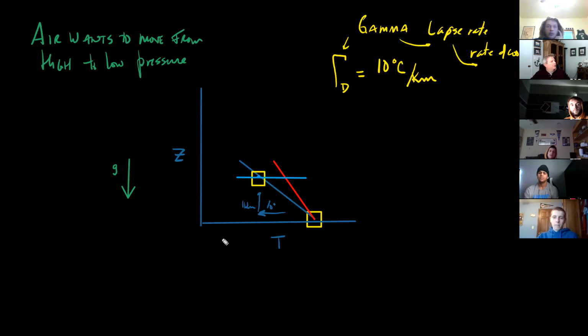Which way is there lower pressure? Generally speaking, the surface is going to be the highest pressure, so the lower pressure should be up there. So this box, any box that I draw on here, wants to go down because of gravity, but it wants to go up because of what? It wants to go toward low pressure.